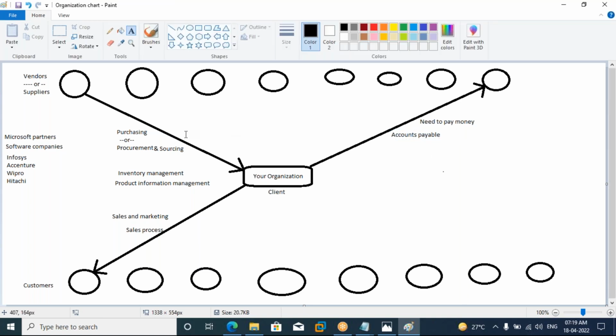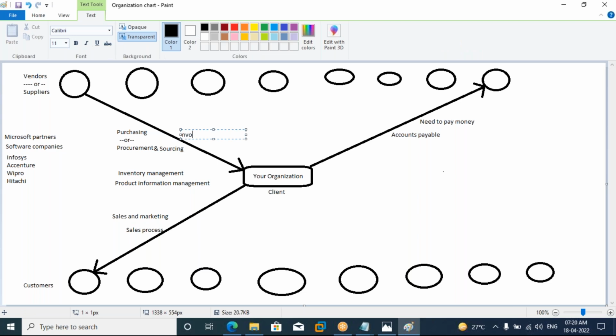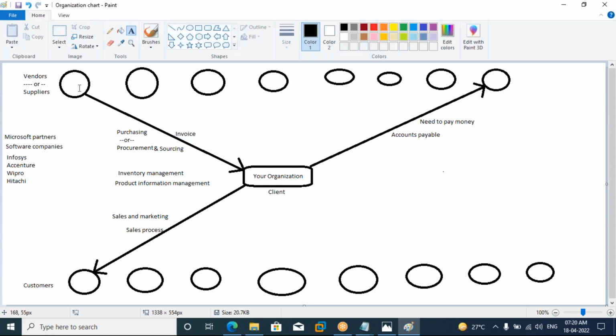So you are receiving an invoice. You are going to receive an invoice from the vendor, because you are receiving material.